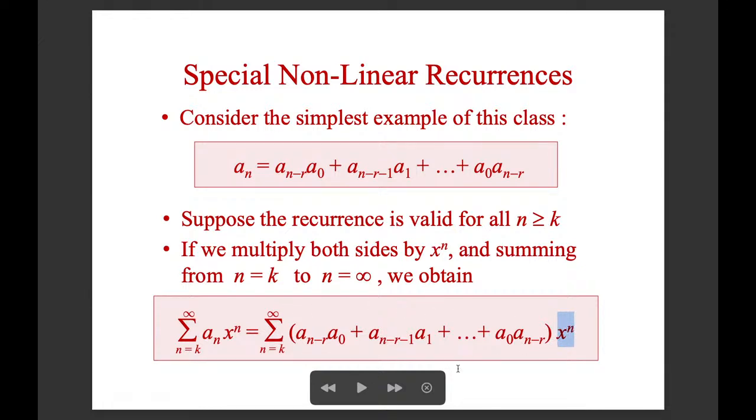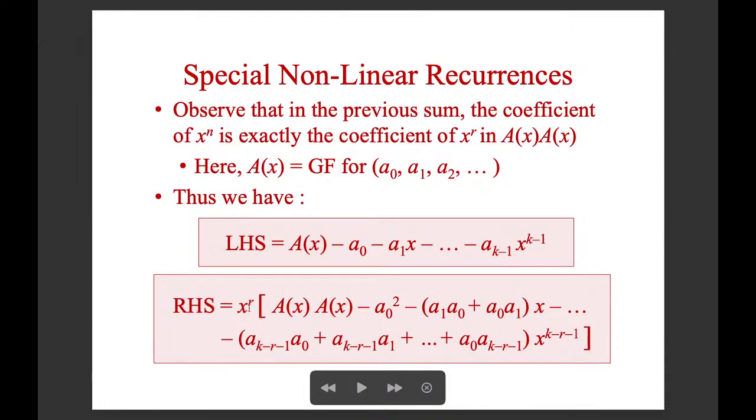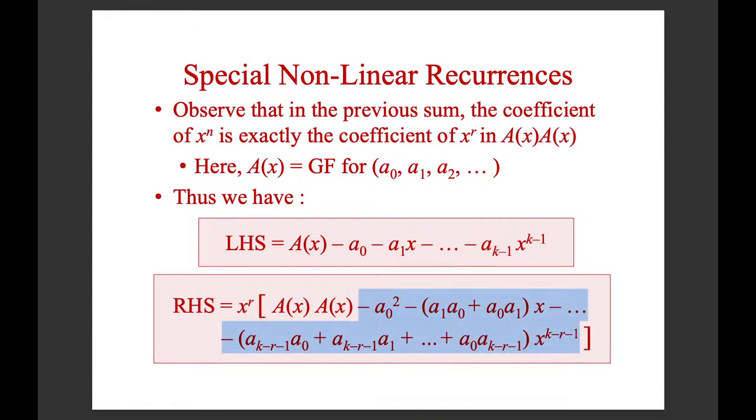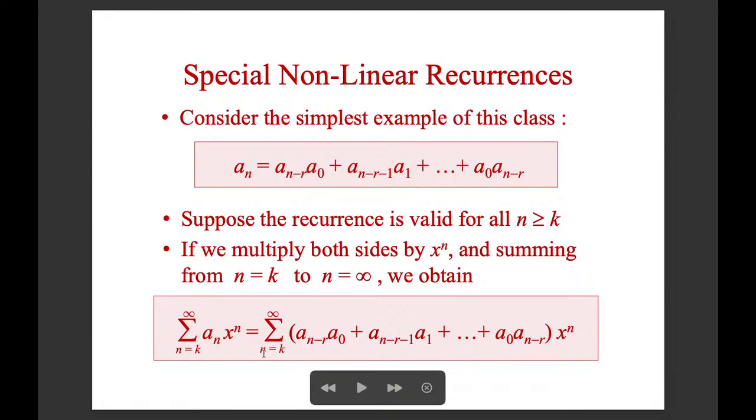And what is that summation? This is basically a(x) squared, or something related to a(x) squared. So the right-hand side will be equal to a(x) squared, minus some of the terms that we have not counted here, because we are starting counting from n equal to k. So we don't have the constant term of a(x) squared, we don't have the x term of a(x) squared, and so on.